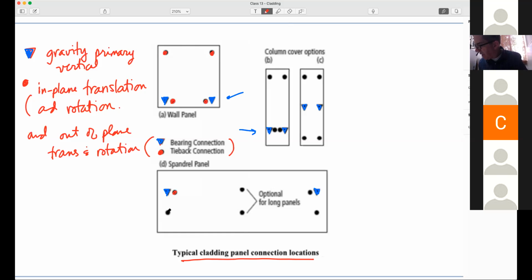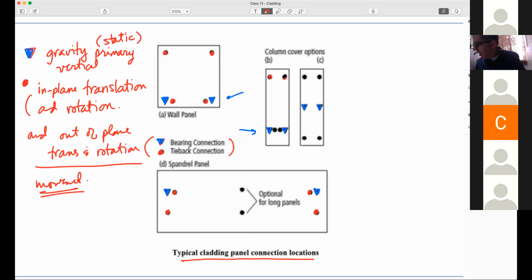If you notice on all of these, there's more points that deal with the translation and rotation, right? The movement, as opposed to just the static. This is more of a static issue.